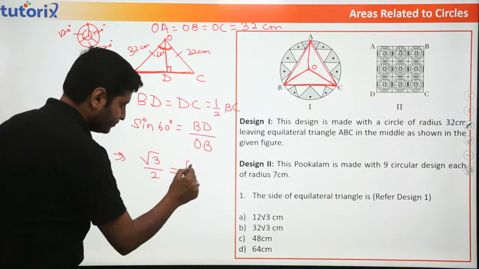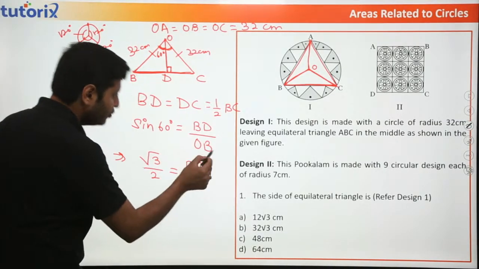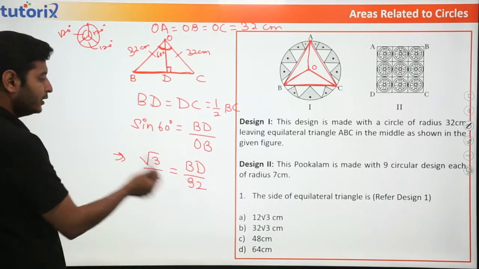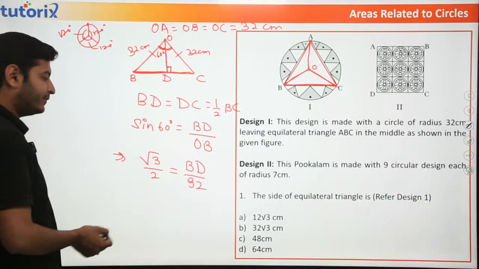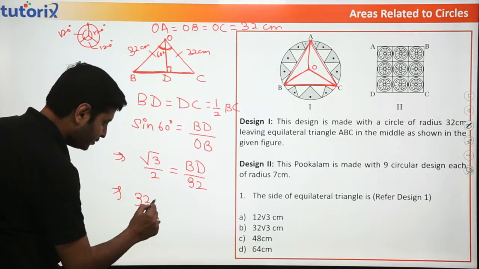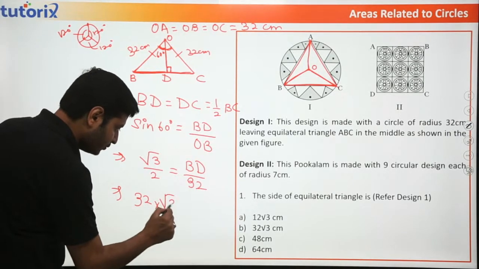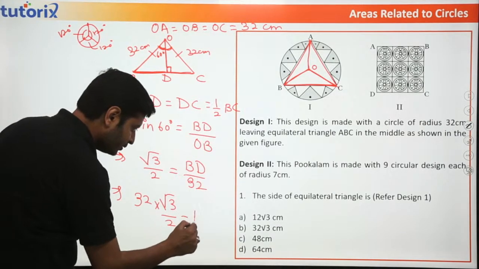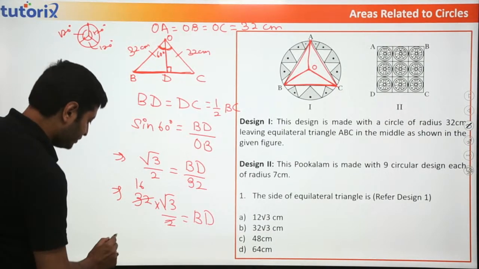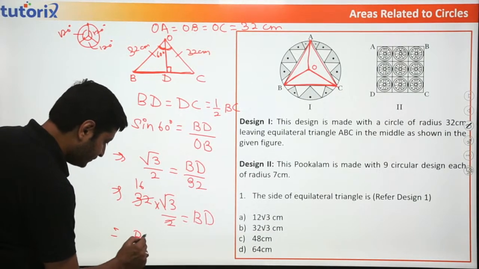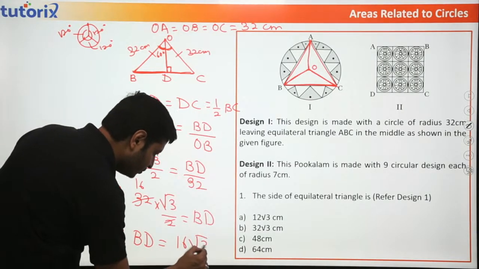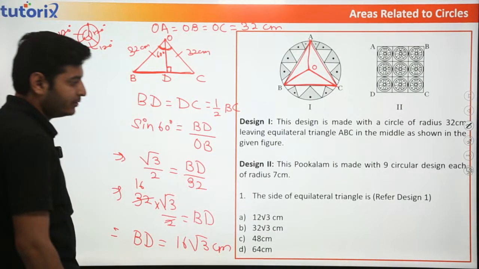We don't know. What is OB? 32 centimeter. Take this 32 to left hand side. So it will become 32 into root 3 by 2 is equals to BD. 2 and 32 are divisible. So BD is exactly equals to 16 into root 3 centimeter.